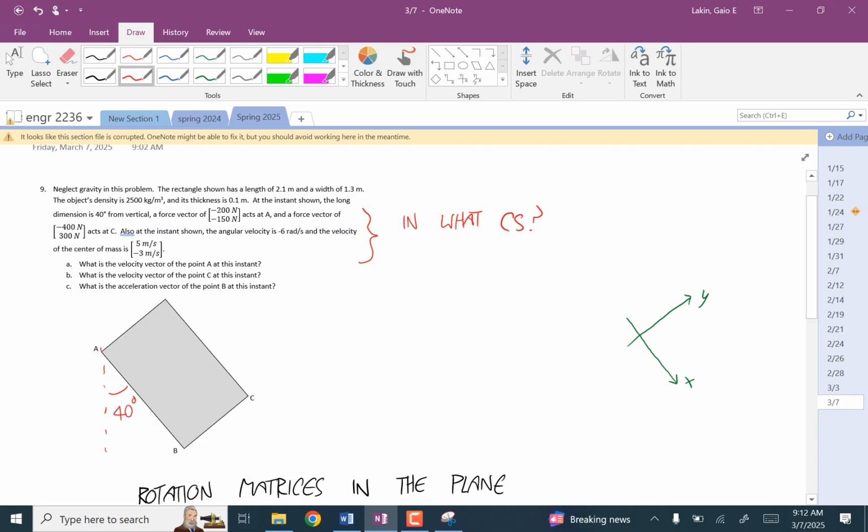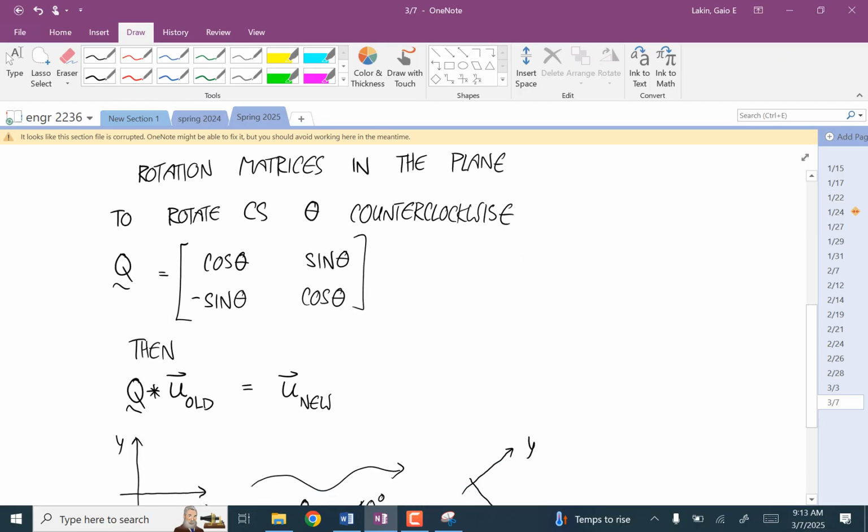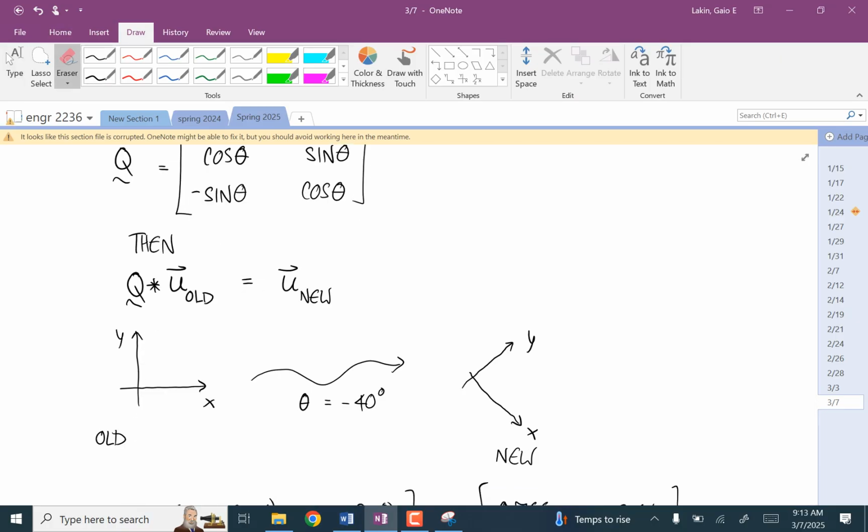And so maybe let's do this coordinate system instead. And then that makes this positive 40.